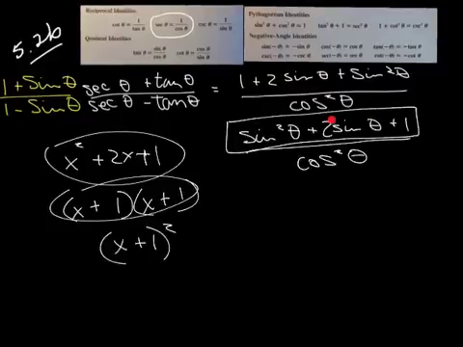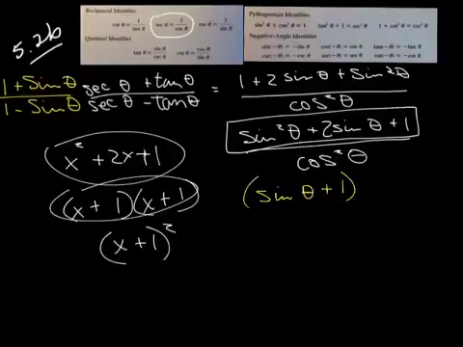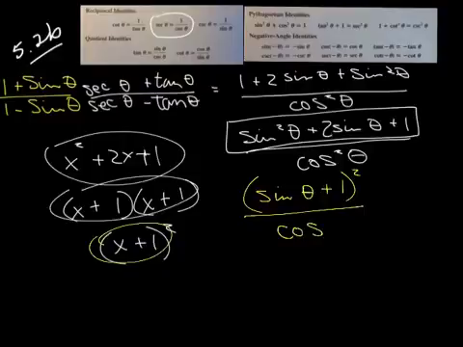Same thing is going to be true up here. We just substituted x in for sine. So we're going to put our sine back in, and get sine of theta plus 1, the quantity squared, and we're just going to rewrite that over cosine squared of theta.